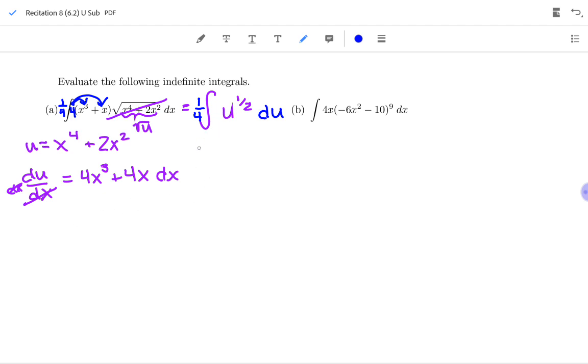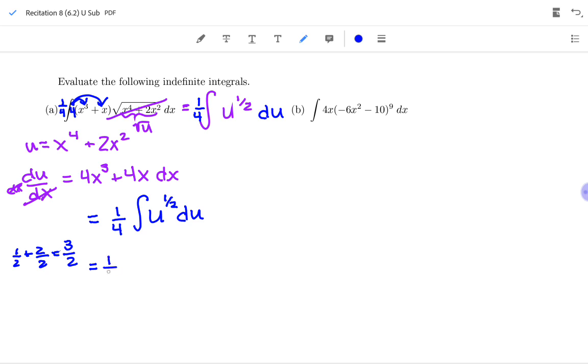After I do all that, this is where it should start to feel easier. This is where it looks like a basic integral. I'm going to write it again down here. I have to take the integral of 1/4 u to the 1/2 du. So just like above, we're going to add 1, put it in the denominator, put it up top. So I'm going to do 1/2 plus 1. So 1/2 plus 2/2 is going to give me 3/2.